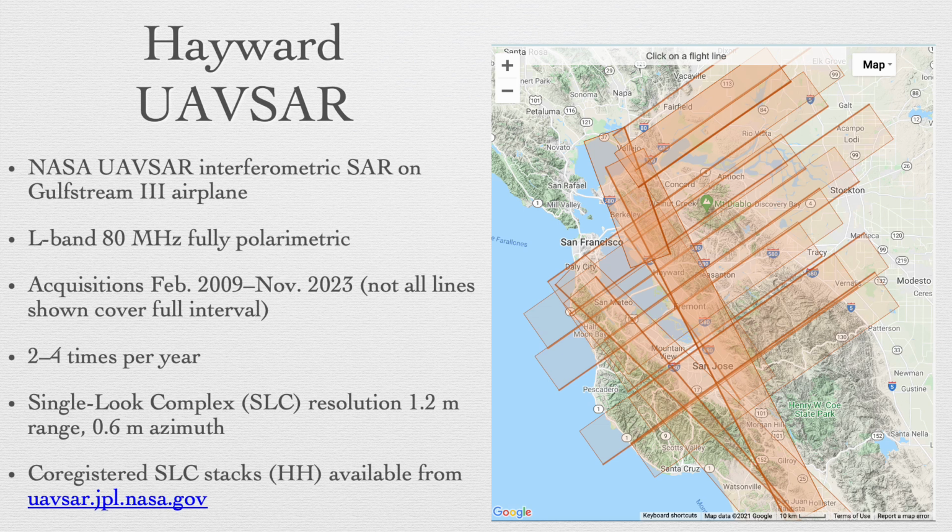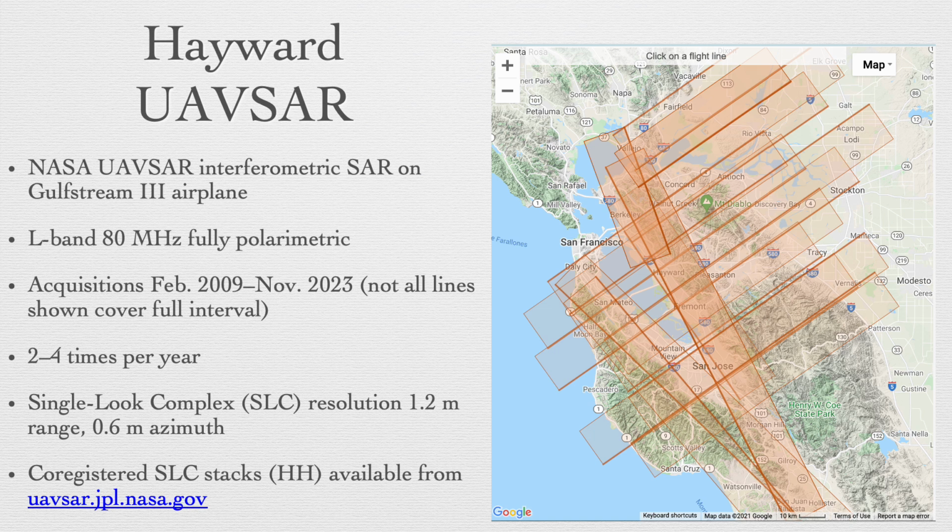While the Sentinel-1 data is excellent at the large spatial scales, it does not provide the detailed information on what's going on at the uppermost few hundred meters of the Hayward Fault. For that, we've been acquiring data with the NASA UAVSAR radar system.